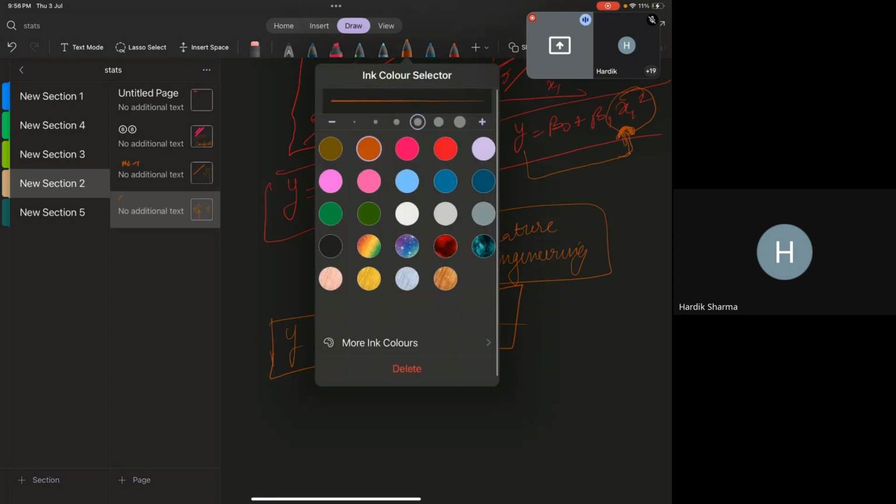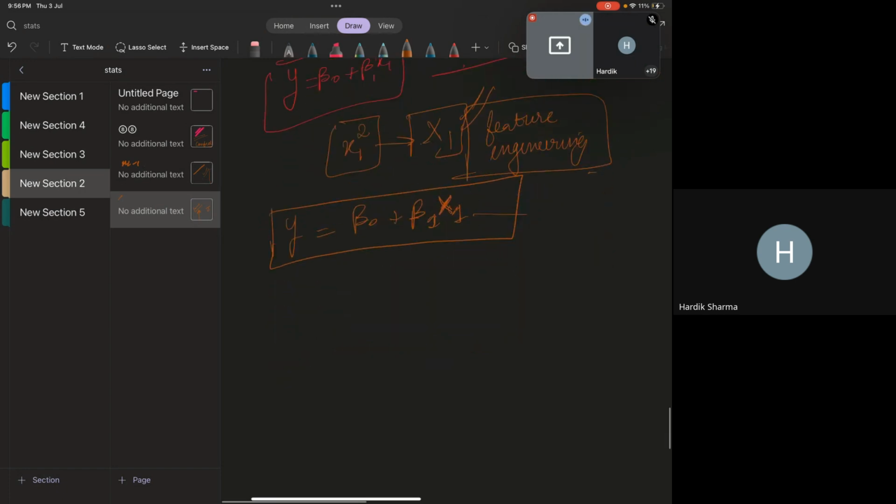Now, what are the different ways in which you can create a polynomial regression? One, by taking a new feature as x1 square, x1 cube, something like this, raised to the power 4, 1 by 2, something like this, yes or no? 1 by 3, 1 by 4, square root, cube root.